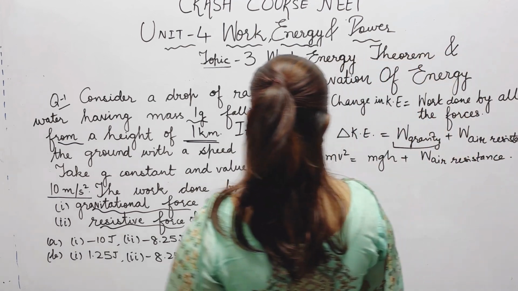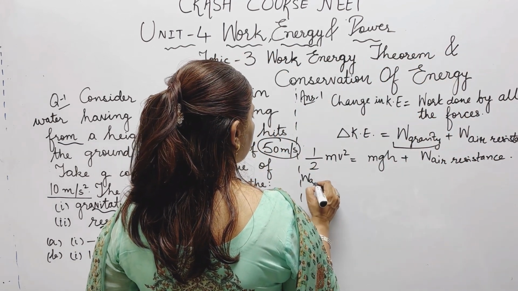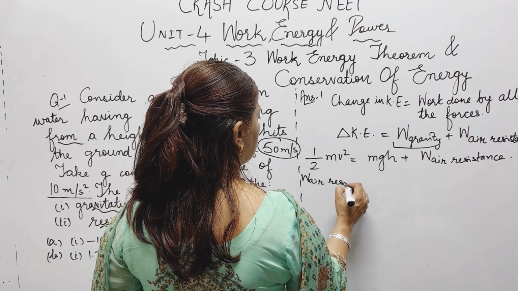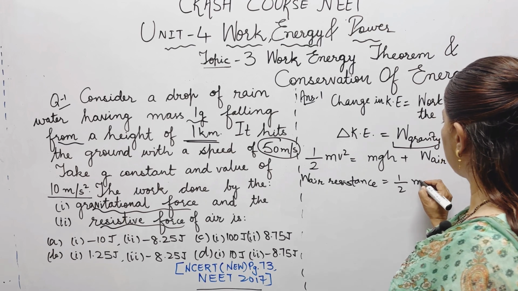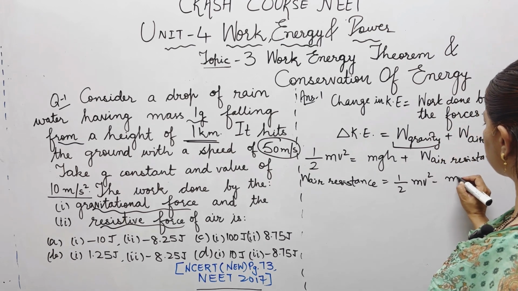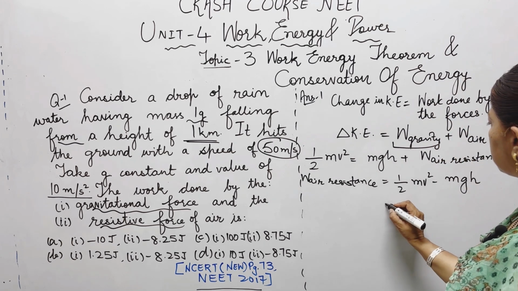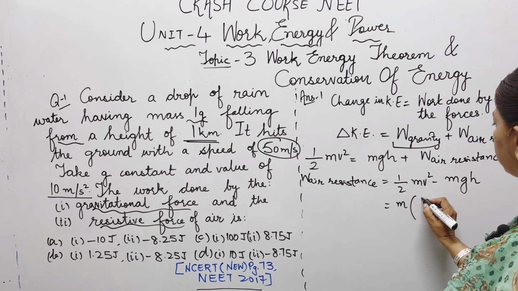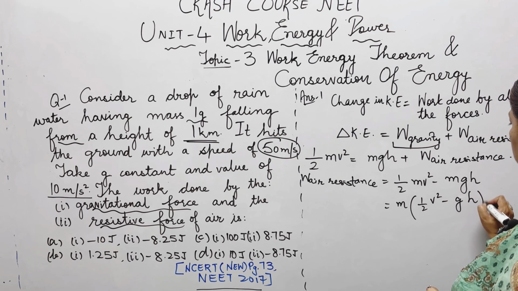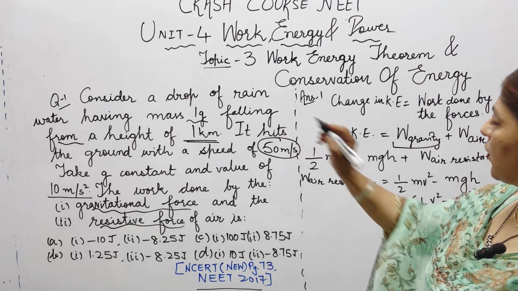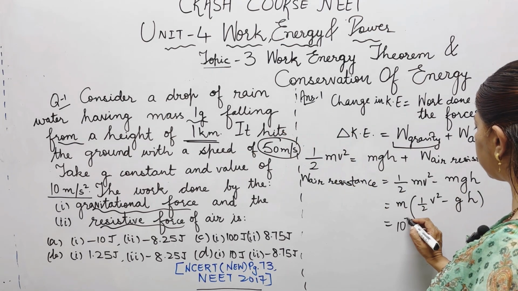So the work done because of air resistance is equal to half mv square minus mgh, and m can be taken out common: m times half v square minus gh. The mass is 1 gram, that is 10 power minus 3 kg.